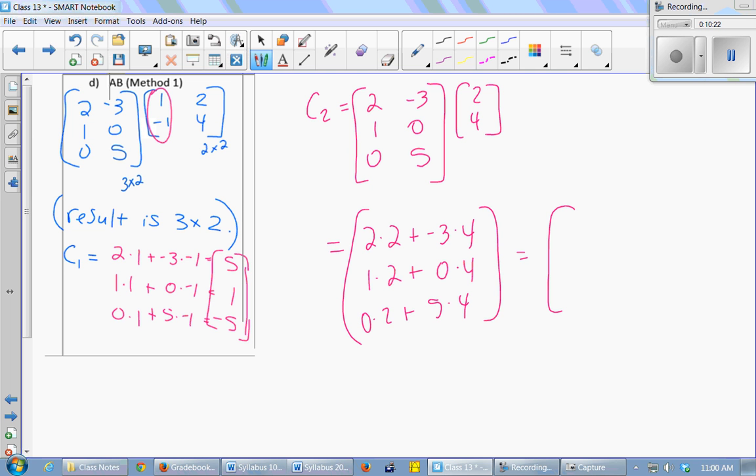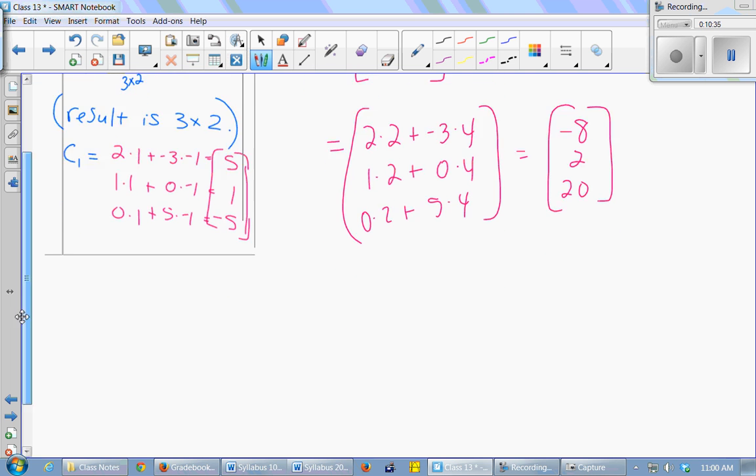So that's -12 plus 4 is -8, 2, 20. That's column 2 of the resulting matrix when you multiply A times B. So AB is 5, 1, -5 as the first column, and -8, 2, 20 as the second column.